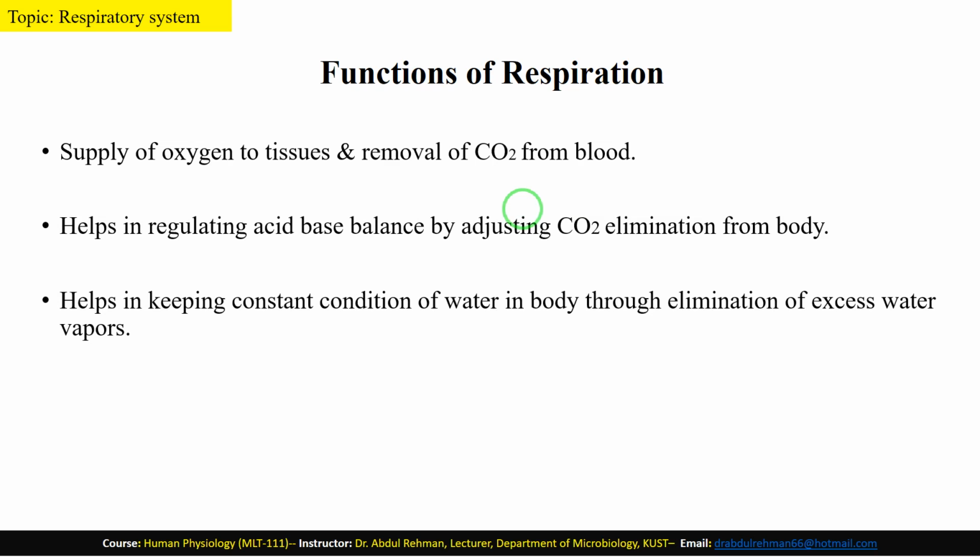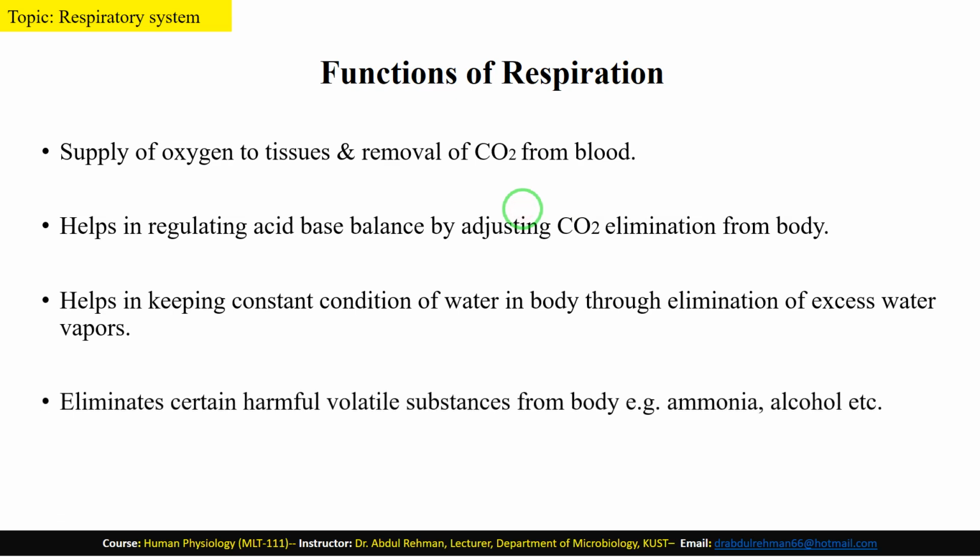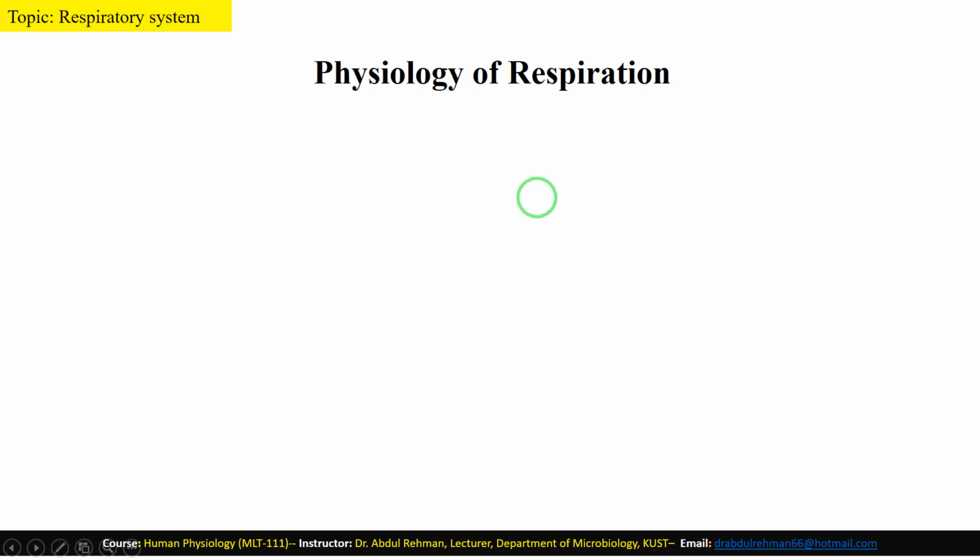So to maintain a constant level of water within the body, respiration also plays its role. And in addition to carbon dioxide, respiration also removes other harmful volatile substances like ammonia and alcohol from the body. The next is physiology of respiration.